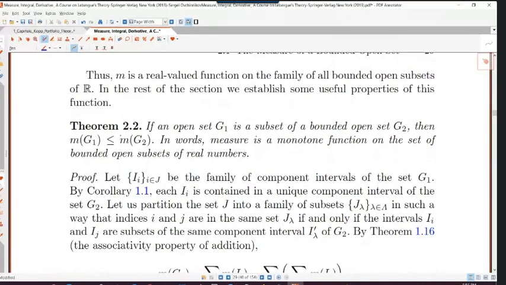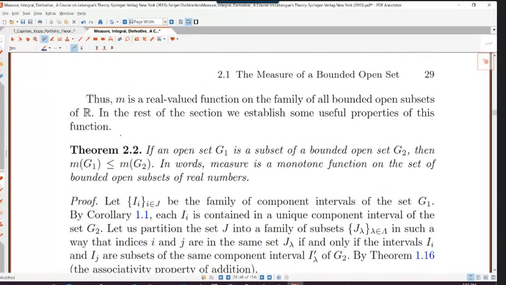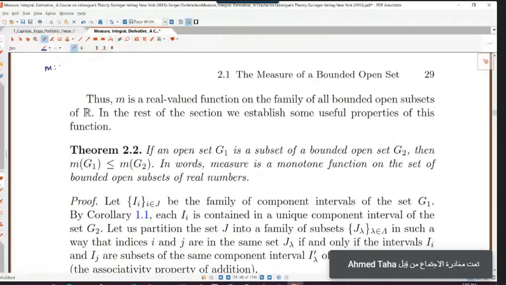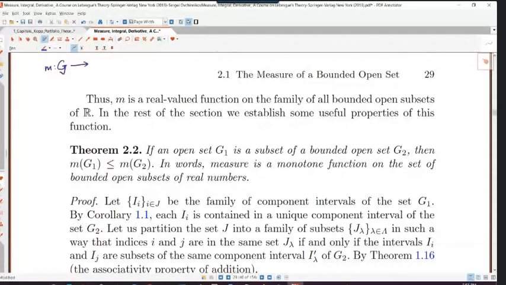So the measure is a function. Measure is a function from, for example, G to R. G is the class of all subsets of R such that G is open.